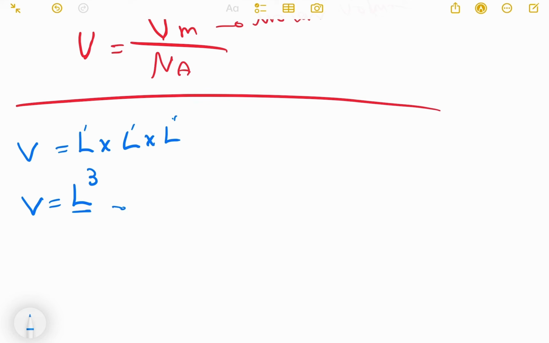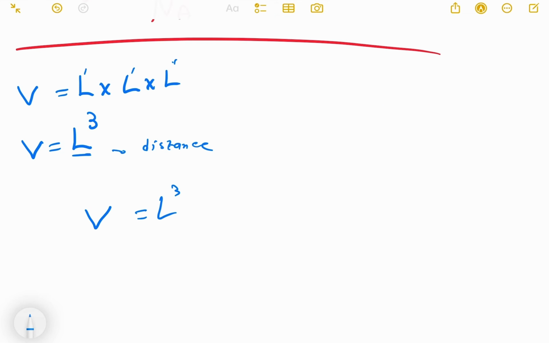So, how can we find the distance between two atoms? You will say volume is equal to length cubed. Take the cubic root for both. Cubic root for this one and cubic root for this one too. So this one goes with this one.